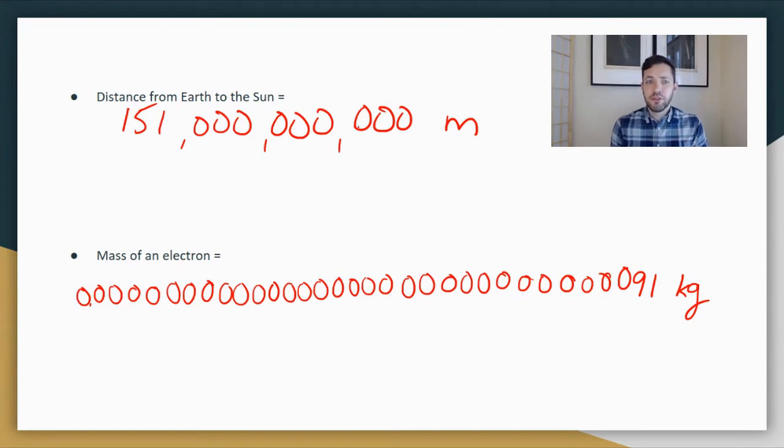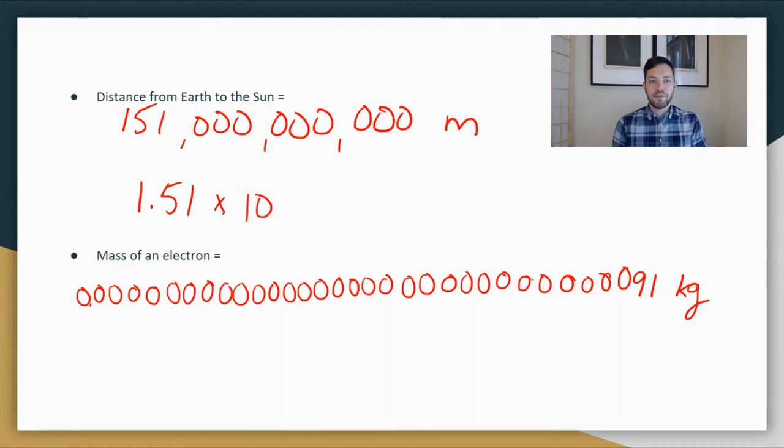This distance from the Earth to the Sun, our leading number has to be between 1 and 10, so it becomes 1.51. Now the decimal in the original number, I didn't write it, but it's right here after the last zero. And so to move it from here after this last zero to between the 1 and the 5 here, we have to move it 3, 6, 9, 10, 11.